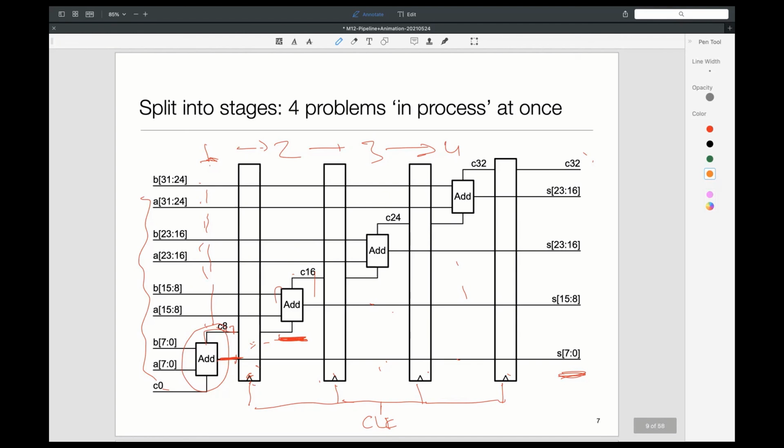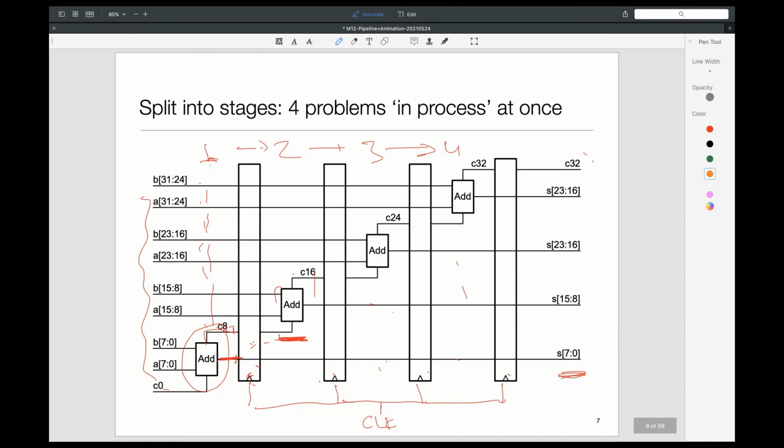How much work am I having to do at any given clock tick? No, I think you seem to be on the right track. It's 8 times 10, right? We have 4 groups of 8 bits.